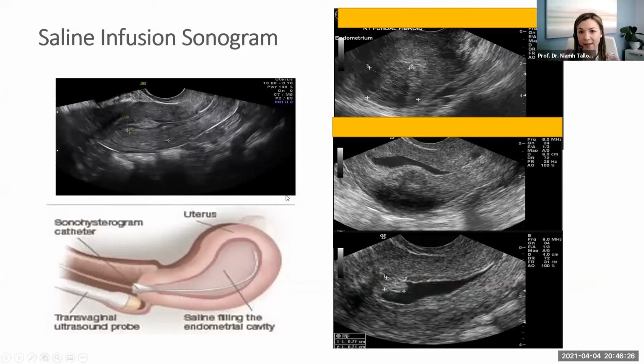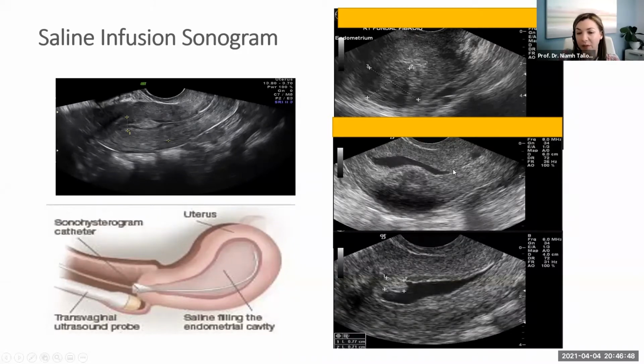And a test that's done quite commonly is a saline infusion sonogram, where we pass a little catheter into the uterus, inject some fluid so it acts like an anechoic contrast within the cavity. And then we look with ultrasound, and we get images that show us going from the top down here on the right. A uterus looks like there's maybe a posterior fundal fibroid.